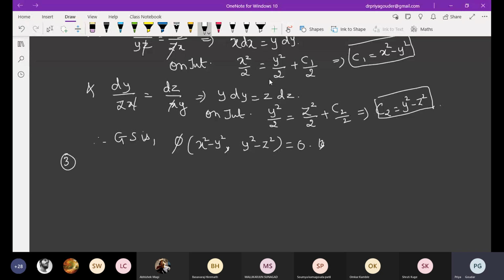Okay, write the next. Y square zp equal to x square into bracket zq plus y. Is it in the standard format?